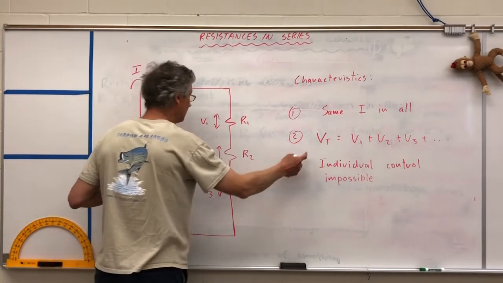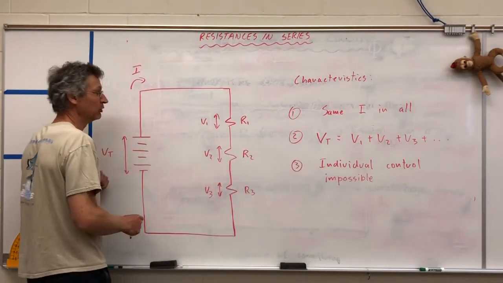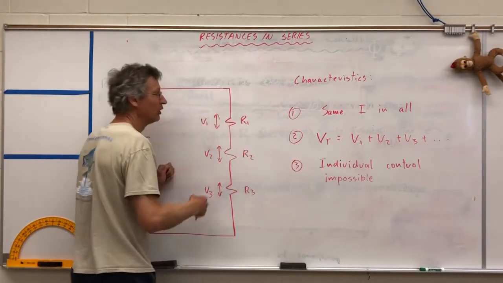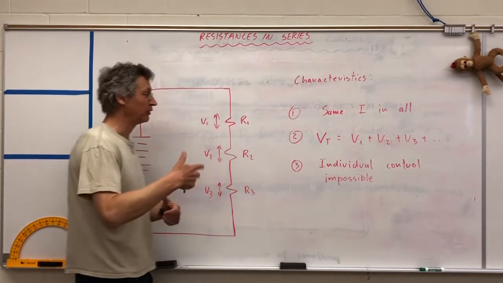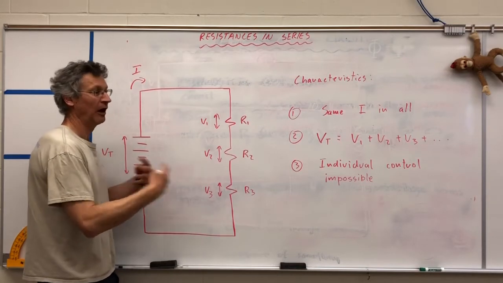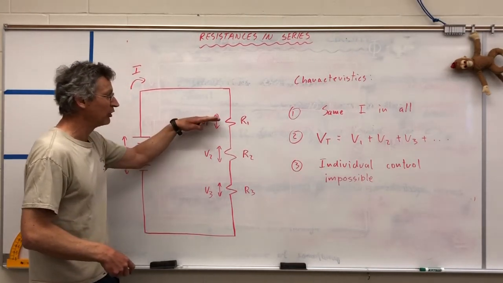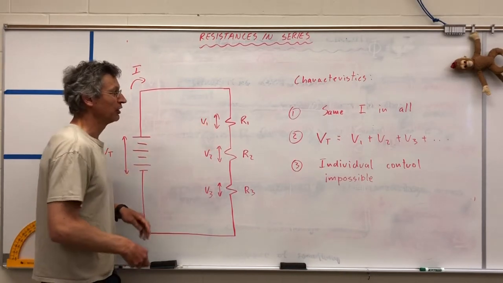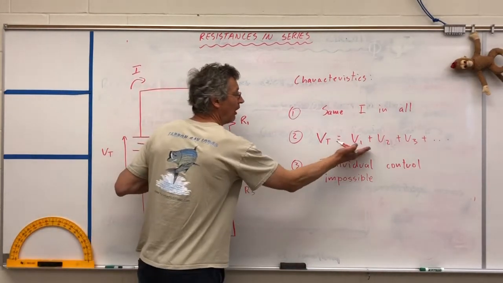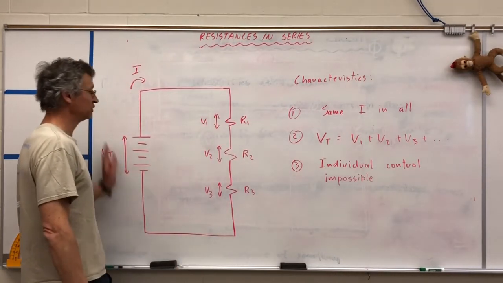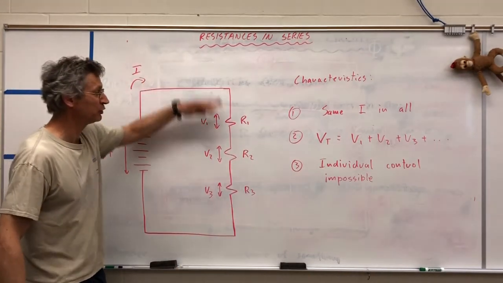So VT is going to be equal to, just like it says, V1 plus V2 plus V3 plus V4, and so on and so forth. If there's 100 resistors here, you're going to have 100 voltages over here. The total voltage increase equals the total voltage decrease.